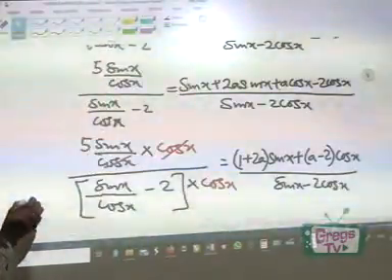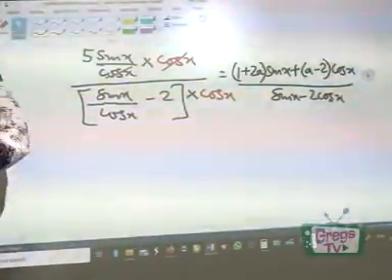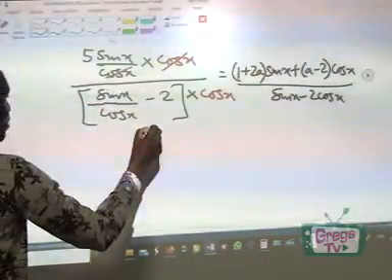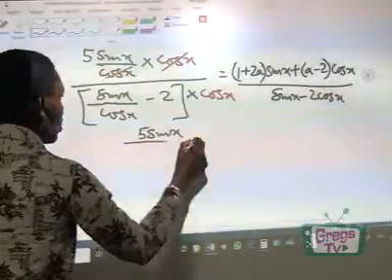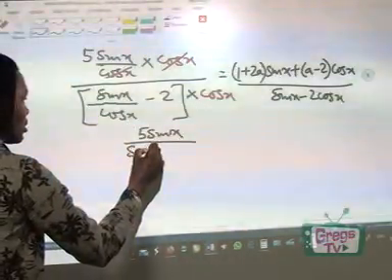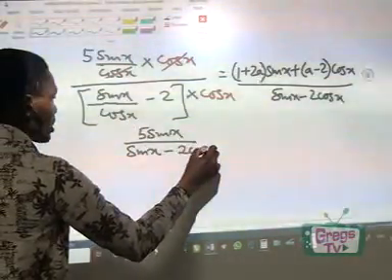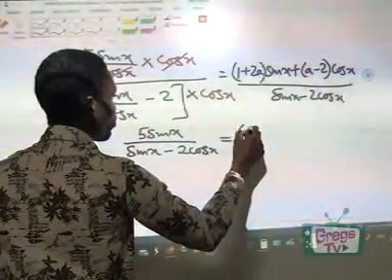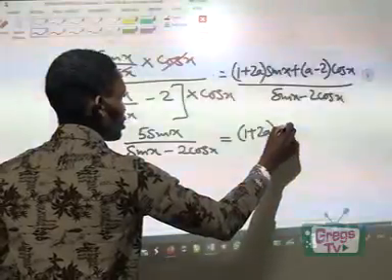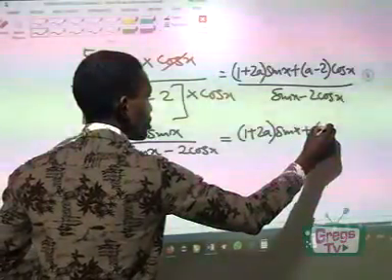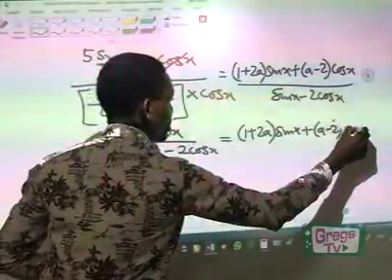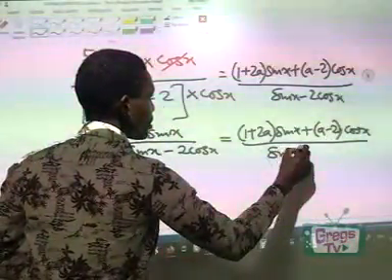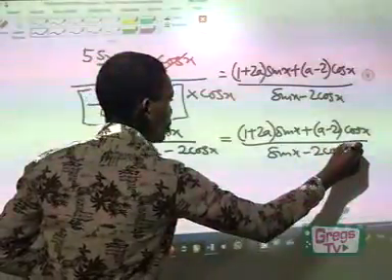So quick one. If you do that very well, your value here will be 5 sin x, all divided by sin x minus 2 cos x. Don't forget multiplying it. Then here you have 1 plus 2a sin x plus a minus 2 cos x, all divided by sin x minus 2 cos x.